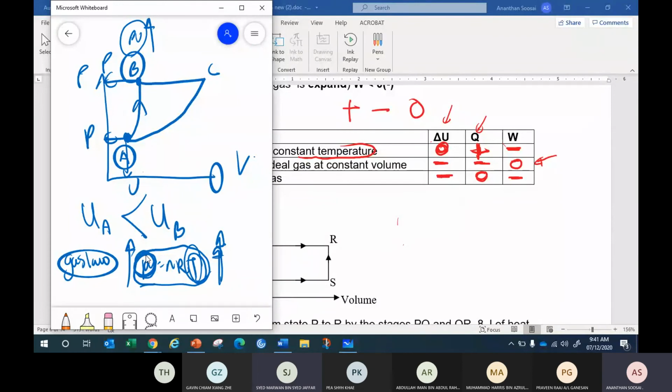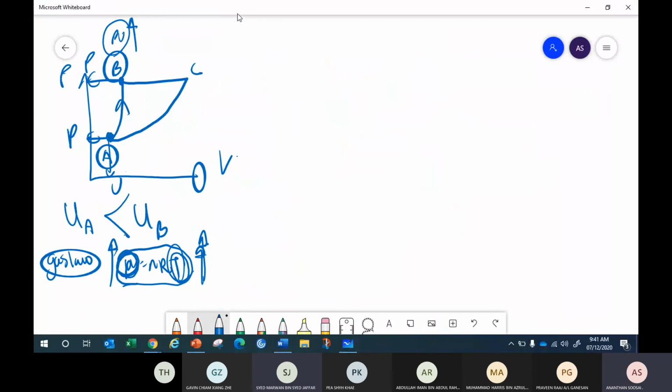Is the internal energy of B higher or C higher? Anyone? You can use your gas law.